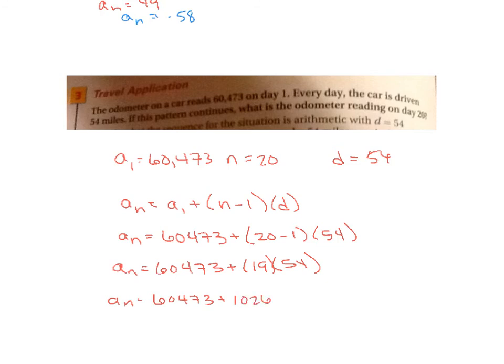And then we're going to add those two numbers, and we're going to get 61,499. So on the 20th day, if you were driving 54 miles a day, the odometer would read 61,499.